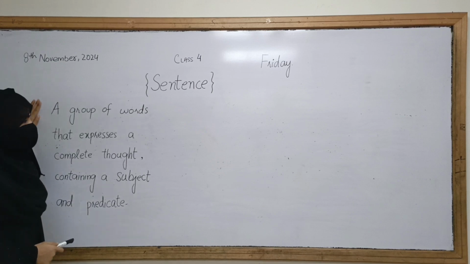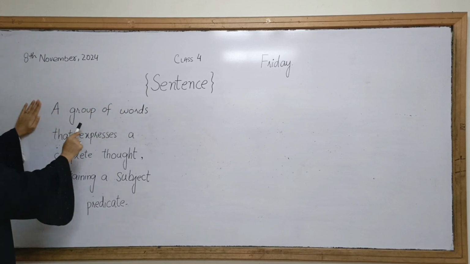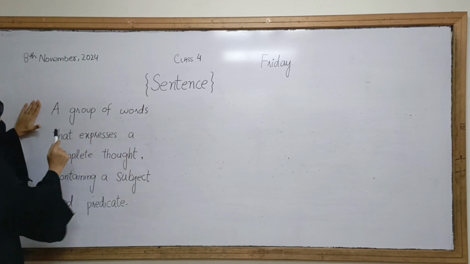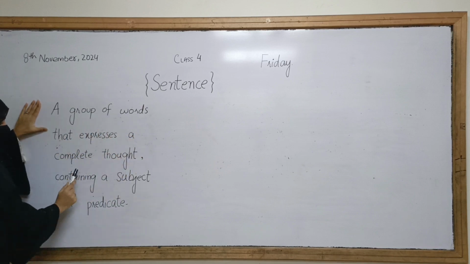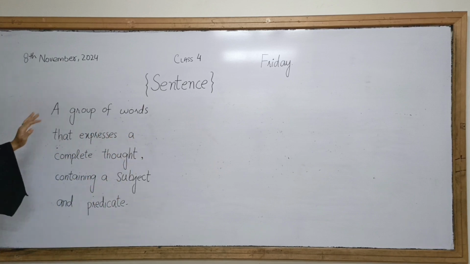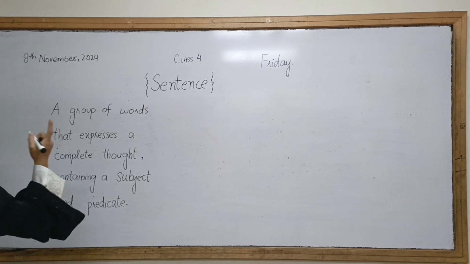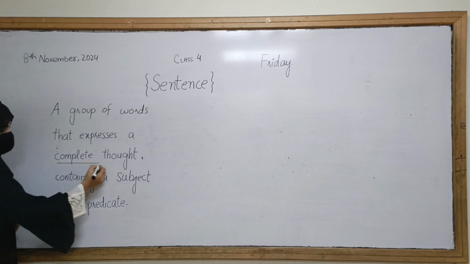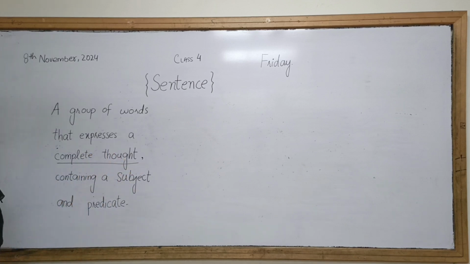What have we read yet? We have read a sentence is a group of words that expresses a complete thought. What does a sentence do? A sentence expresses a complete thought. It means a sentence will definitely tell you that this is the task, this is the problem, this is the answer, this is the question, this is the solution.